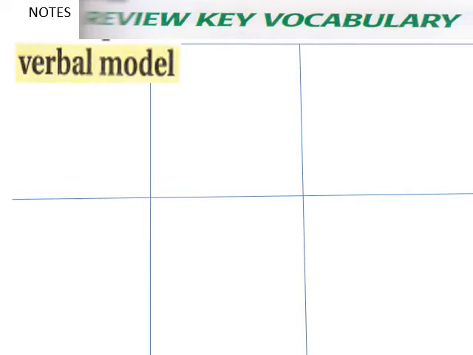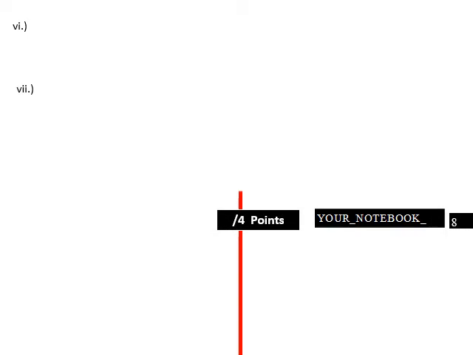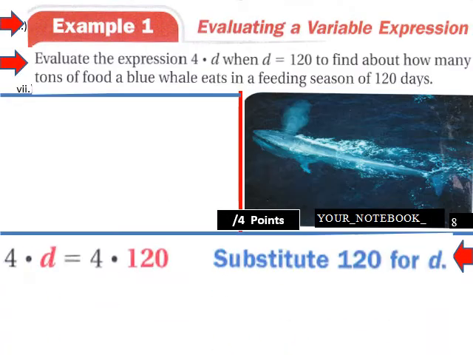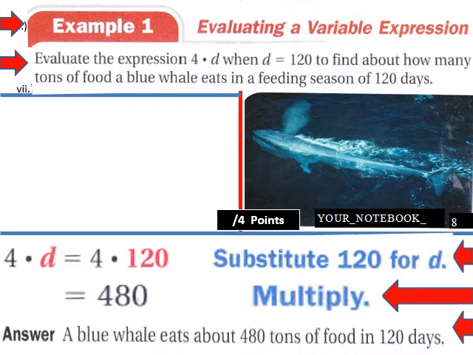And then verbal model is another. We go from verbal models into an algebraic expression. It's a good vocabulary term to know. Then we go into our first example here, again bringing up the whale, where we go from a verbal model to an algebraic expression here, and then we find out how much the blue whales eat in 120 days.